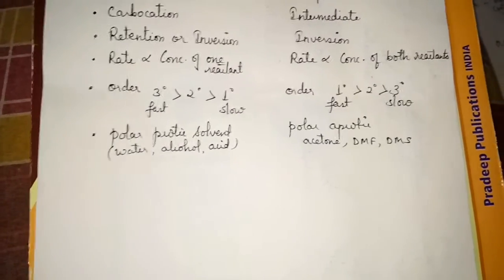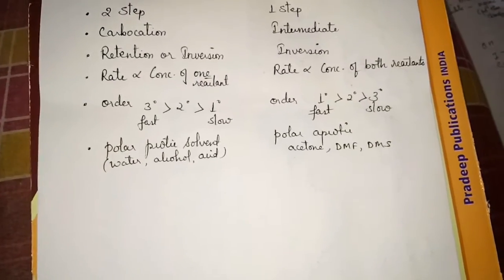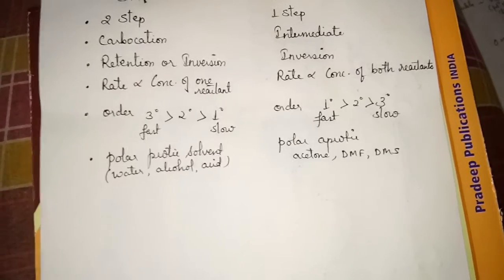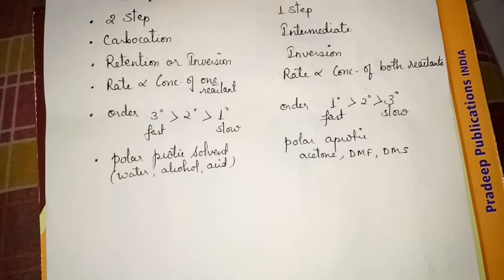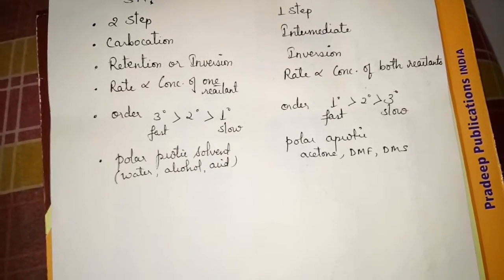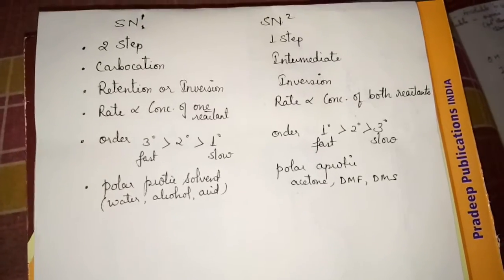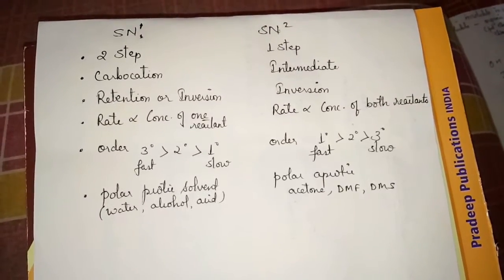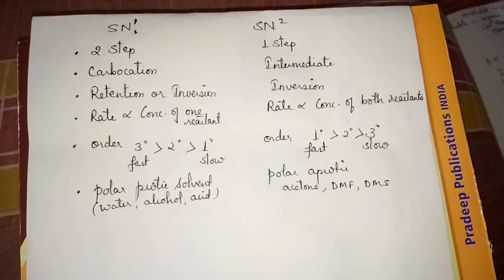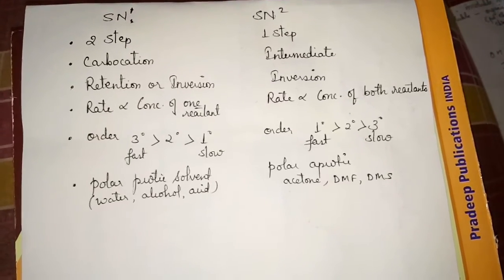Now, the order of reactivity. The rate depends on the concentration of one reactant in SN1, while in SN2, the rate depends on the concentration of both the reactants.